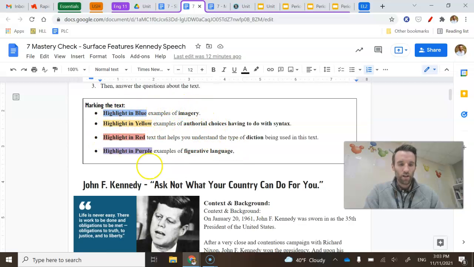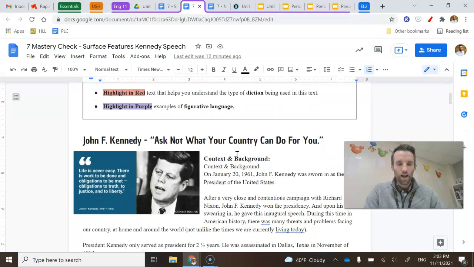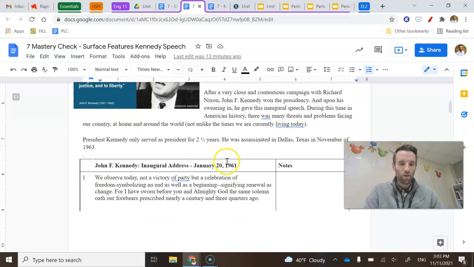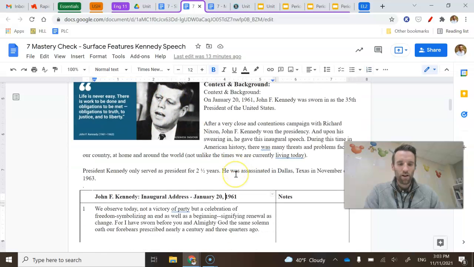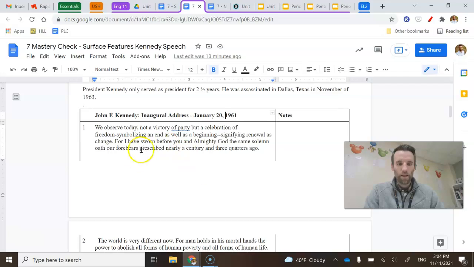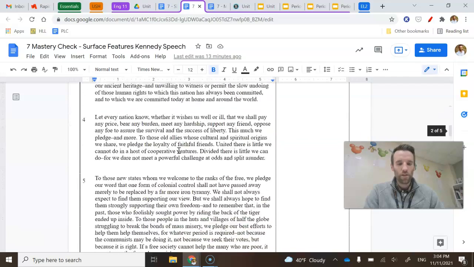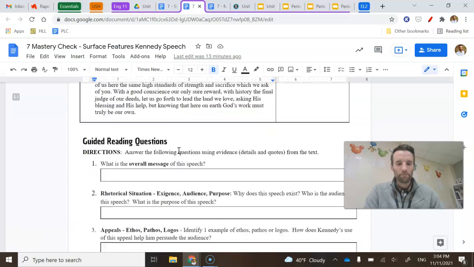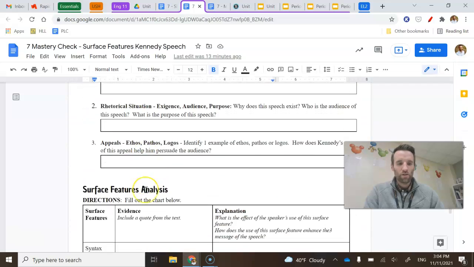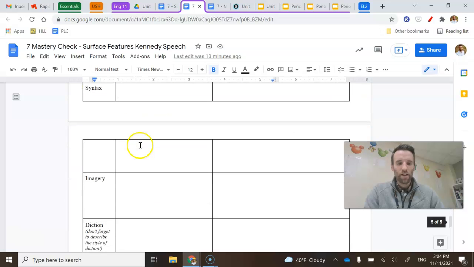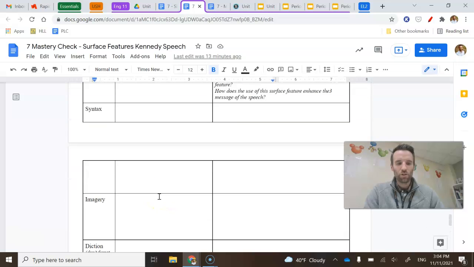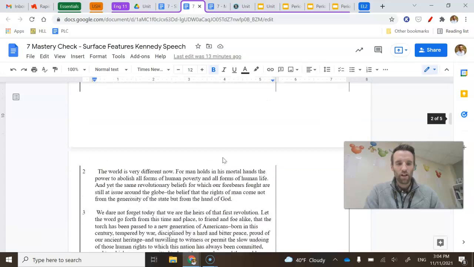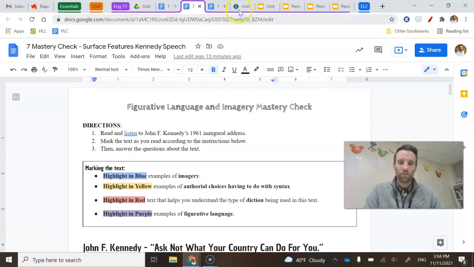I'll let you read that for yourself, but you need to highlight different colors for different things that you're finding. There's your background as always. There's JFK right there. This is a speech by him, 1961, and here's the script of the speech. This is what you will be highlighting. Finally, you'll answer three questions and fill out that same surface features table to show us you can find those things in his rhetoric. That one is the mastery check for this lesson.